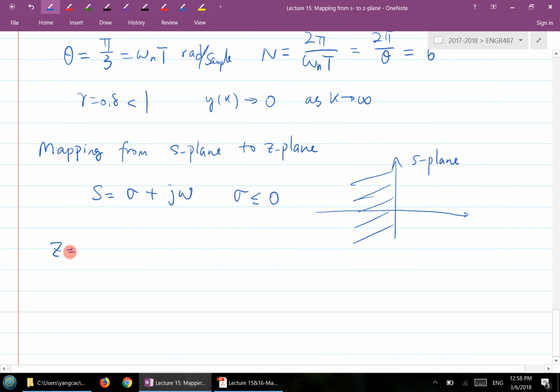Now, mathematically, we're going to do the mapping using the relationship z equal to e to the power Ts.